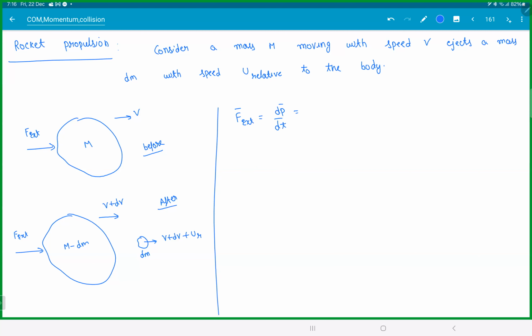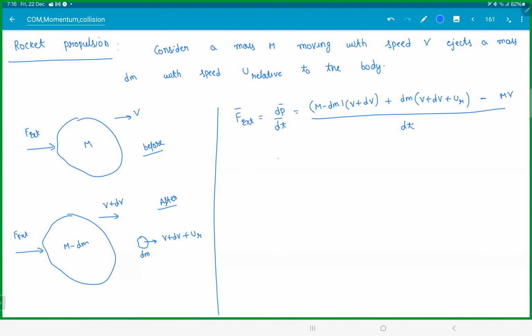So here the change in momentum is final minus initial. So this will be m into (m minus dm) into (v plus dv) plus dm into (v plus dv plus u relative) minus m into v, by dt.